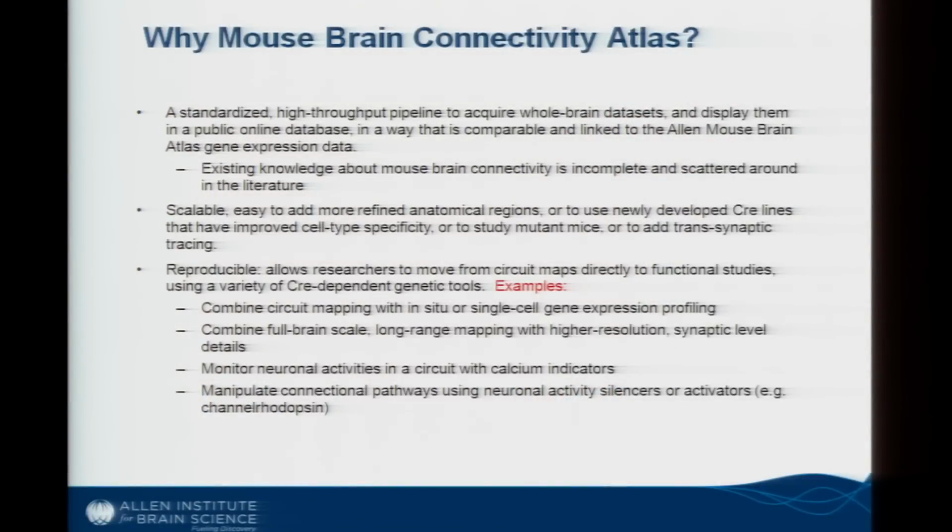And one good way that you can do this, we're thinking, is you can devise very targeted slices that can capture an entire circuit from the originating site to the target site, and preserve the integrity of the circuit and then probe the interactions of the two different connected regions in a well-preserved way.